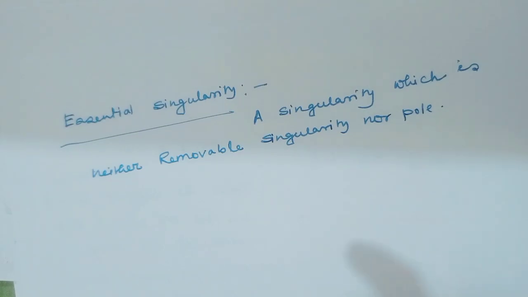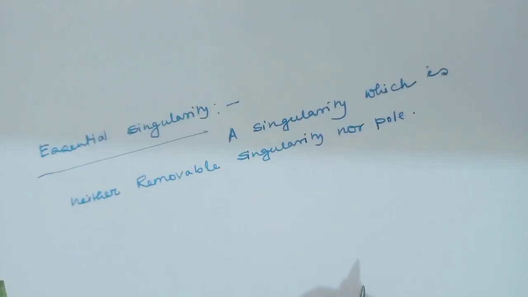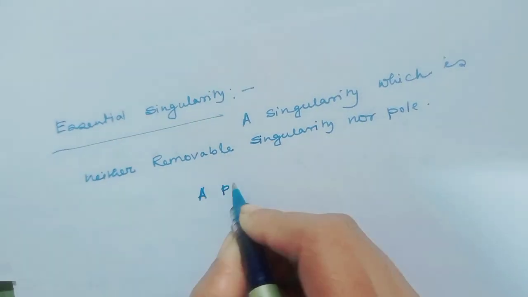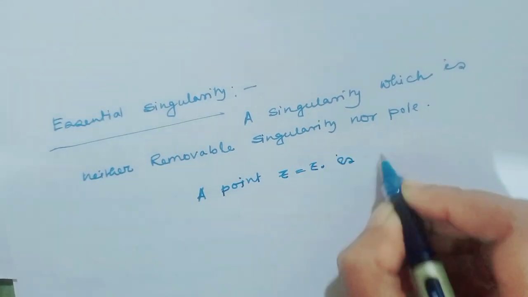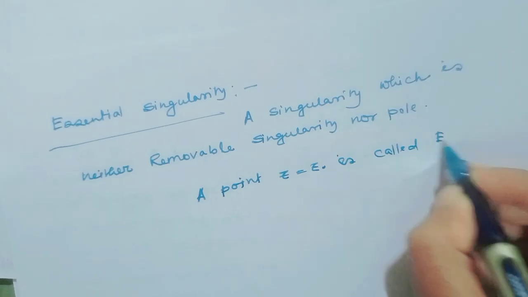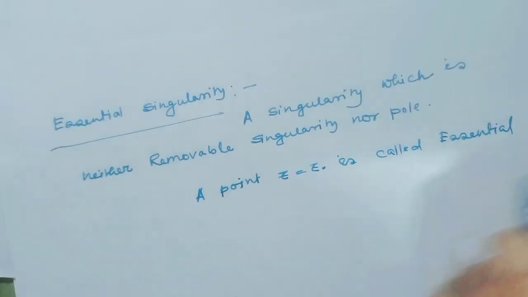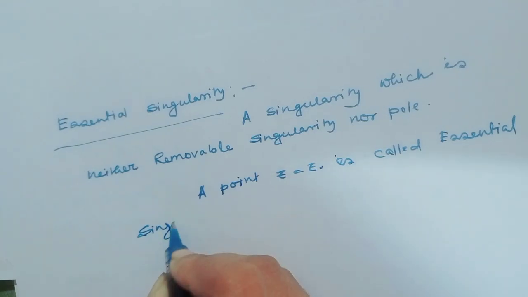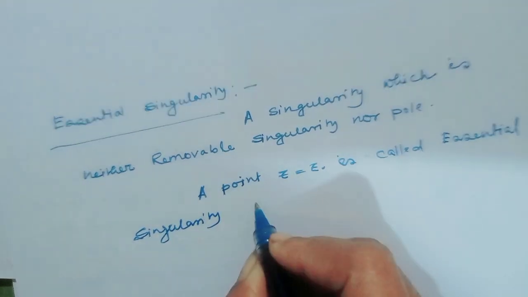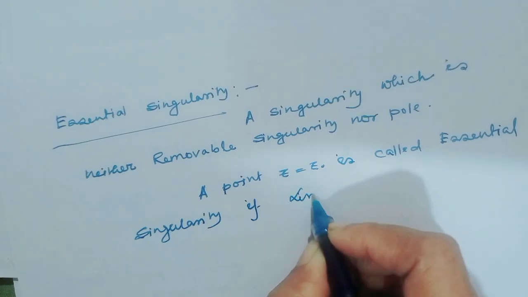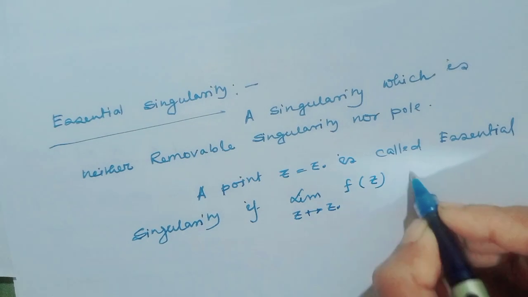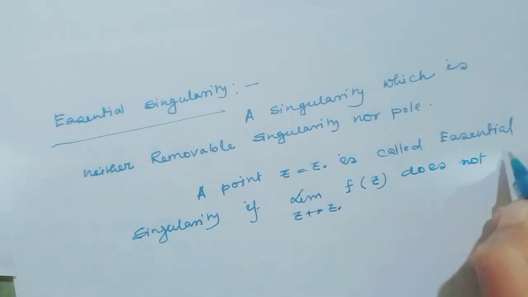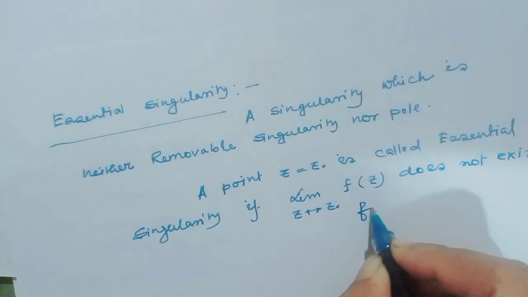Essential singularity is a singularity which is neither a removable singularity nor a pole. A point z equal to z naught is called an essential singularity if the limit as z tends to z naught of f(z) does not exist finitely.